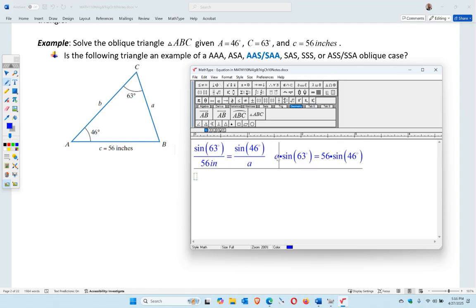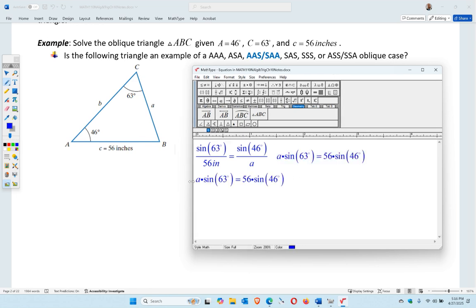So we'll take this here, copy, paste, and divide this side by the sine of 63, and divide this side by the sine of 63. That means a is equal to this, so a is approximately some value.